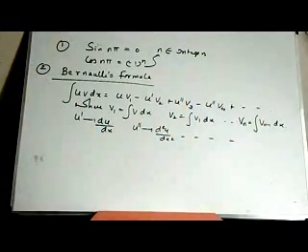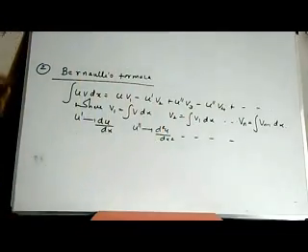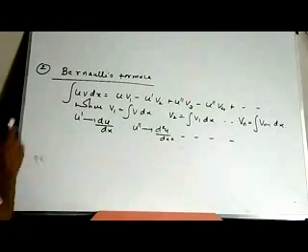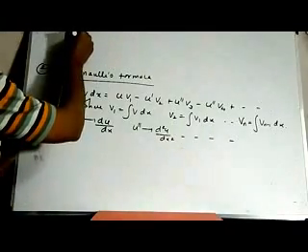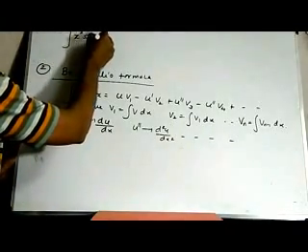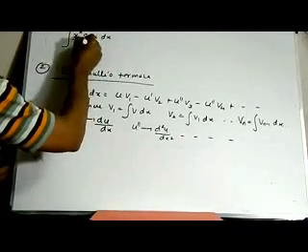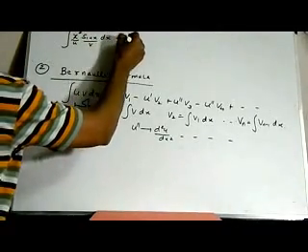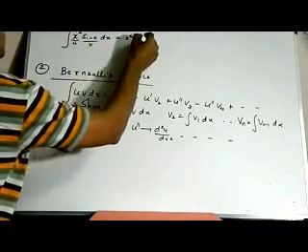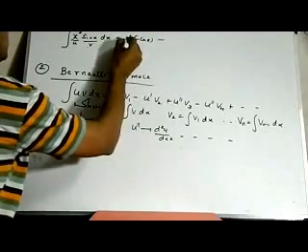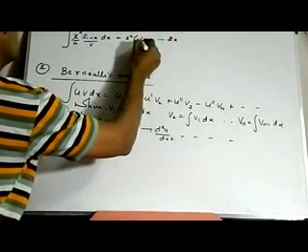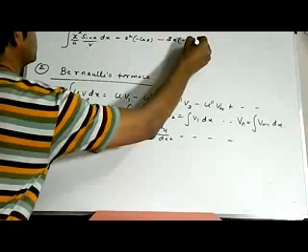Actually this formula is really important to do the calculation in a faster manner. It is applicable if one of the functions is a polynomial. For example, the integral of x square sin x: let x square be u and sin x be v. What is the integral of sin x? Minus cos x, minus the derivative of u, which is 2x, times the integral of minus cos x, which is minus sin x.